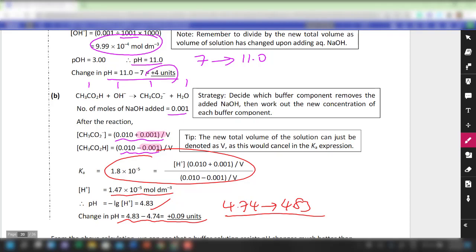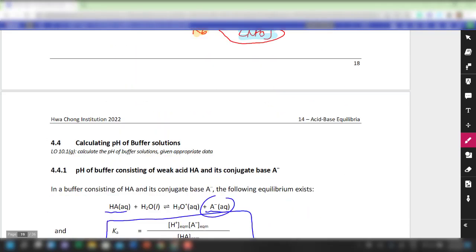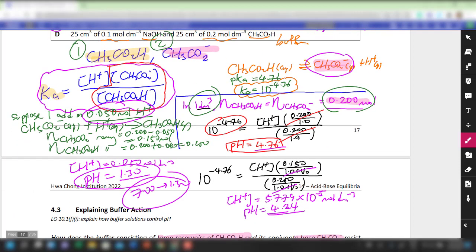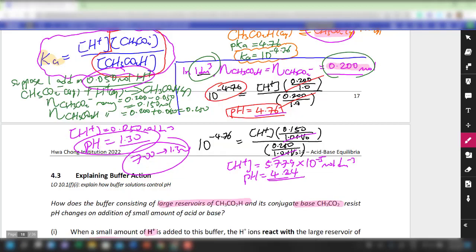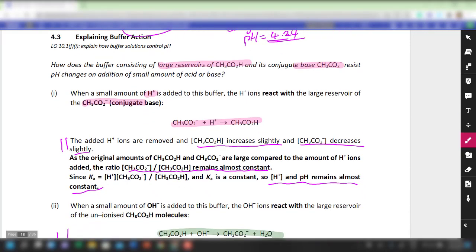Yeah. So again, let me just emphasize the reason why I wanted to show you the calculation way before the qualitative aspect is to first bring you into the idea that a buffer really resists change in pH, and then later on some qualitative explanation which hopefully can firm up your understanding.